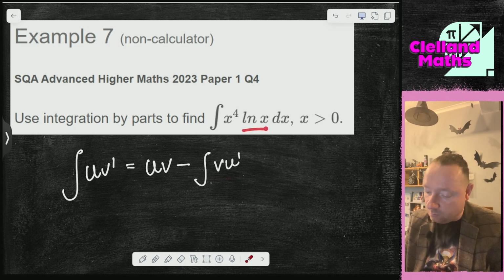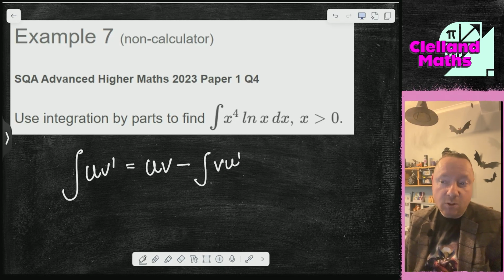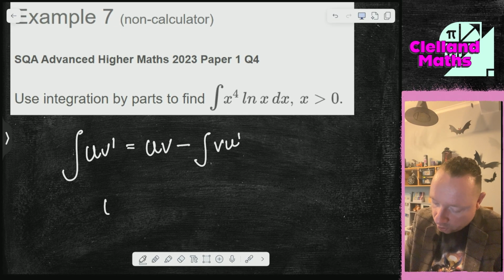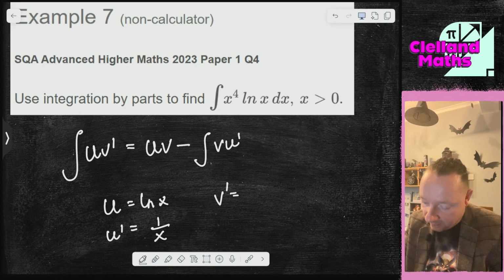Now, this is quite obvious here, but log x, do we know how to integrate log x anyway? We don't. So log x has to be our u. So we're going to say that u is log x, which means u dash is 1 over x. V is x to the 4 then, but it's v dash. So v dash is x to the 4.